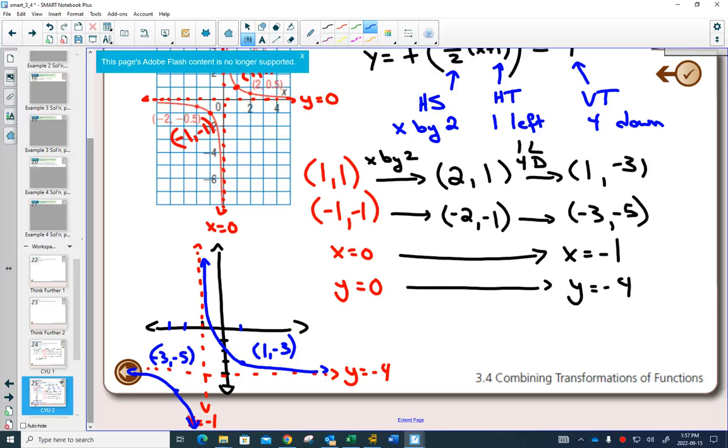And we have now drawn the new graph with all the transformations. So the reciprocal graph is fairly straightforward because you just need 2 points and your asymptotes to draw it. I'm going to add a part B to this question.